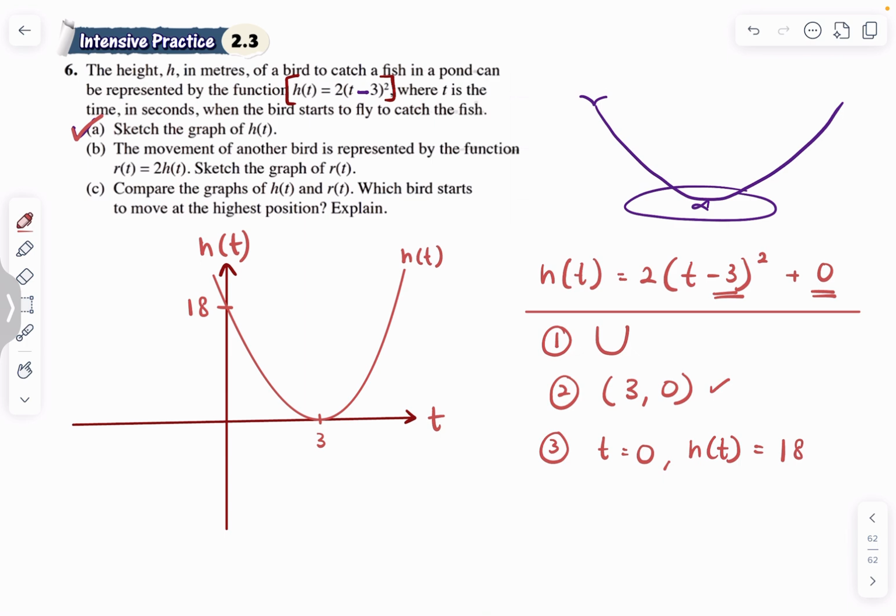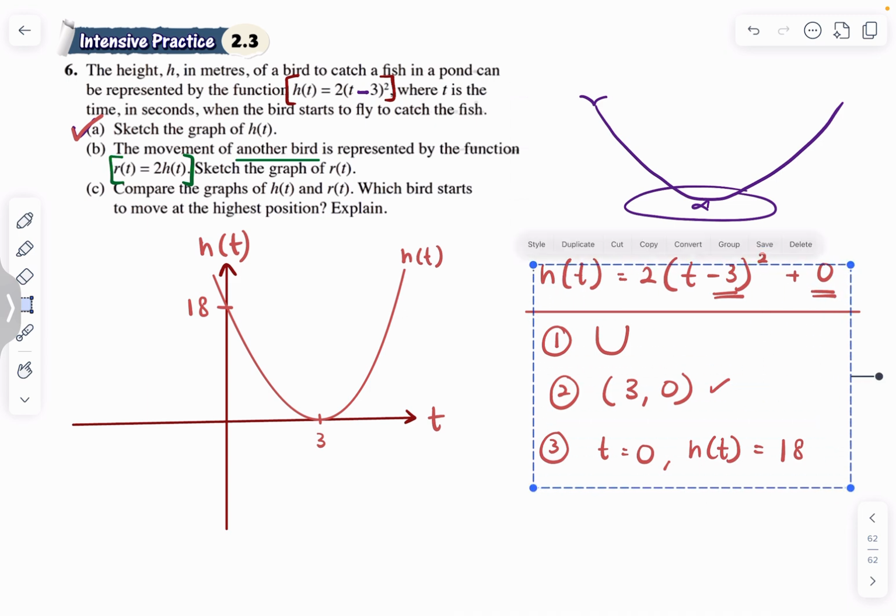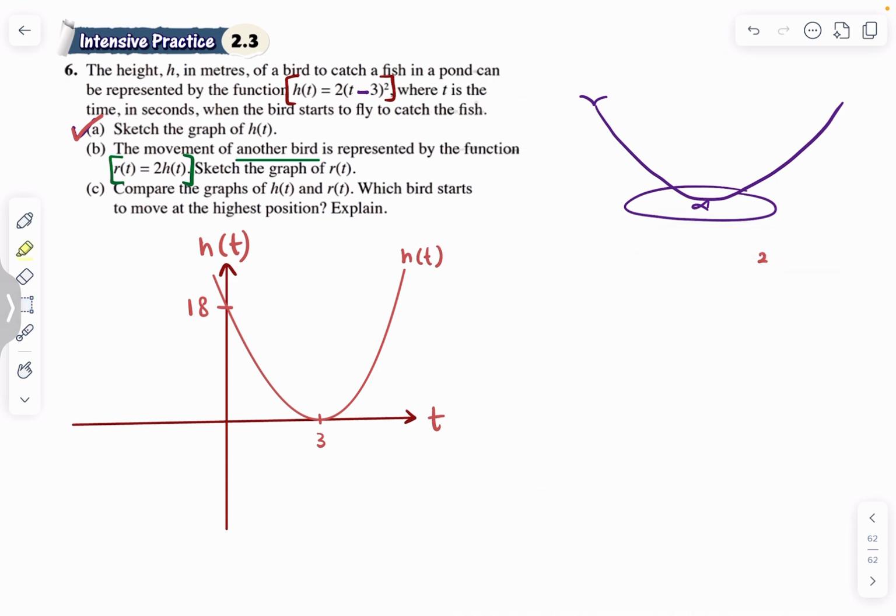Next, B. The movement of another bird is represented by this function. Right, so for another bird we use green color. Another bird is this. Sketch the graph of r(t). Alright, so now we need to sketch the graph of r(t), where r(t) is 2 of h(t).